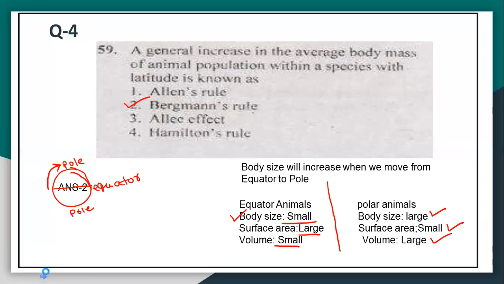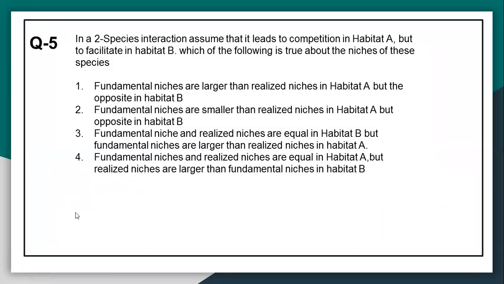Now, next question. In a two species interaction, assume that it leads to competition in habitat A but to facilitation in habitat B. Which of the following is true about the niches of these species?